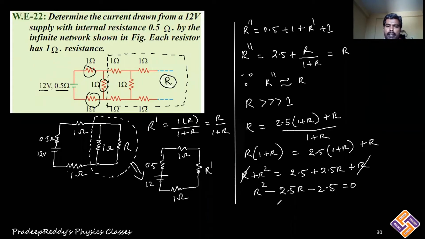This becomes a quadratic expression in the form of ax square minus bx minus c is equal to 0. From here you can find the root.